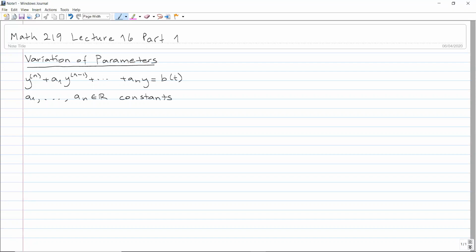We use the method of undetermined coefficients when the function b of t has a polynomial annihilator.